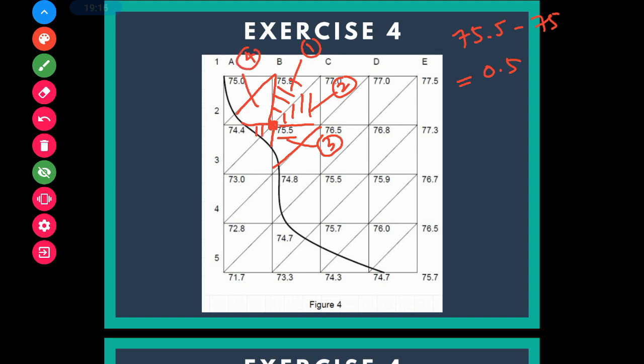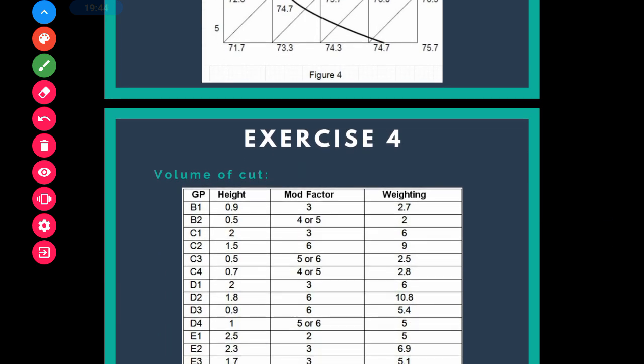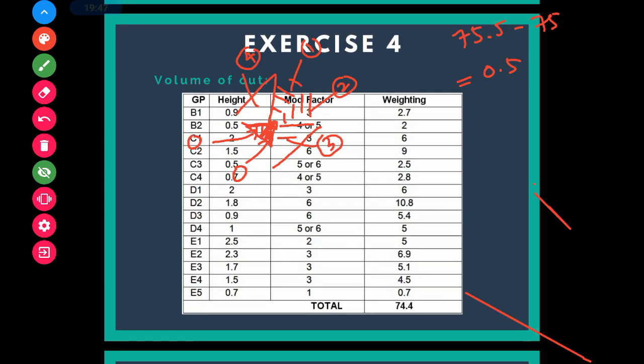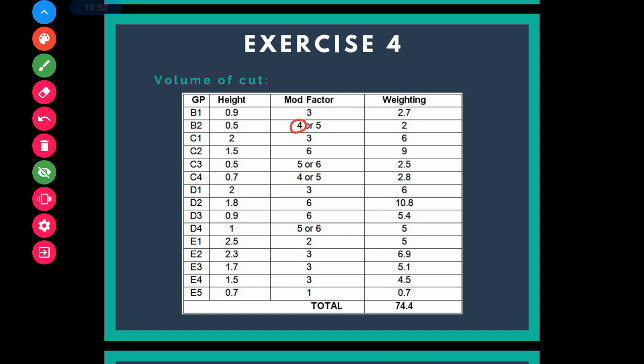If you look at this region, it is not more than half, so we assume it is 0. The same for the region here, it is less than half, so we assume it as 0. So the mode factor for B2 is only 4. To get the weighting, you multiply 0.5 with 4, and you will get 2.